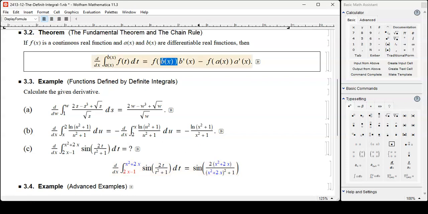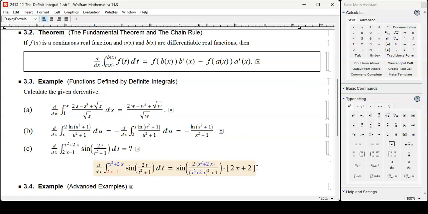So we are up to here. And then we have to multiply the derivative of the inside. What's the derivative of this x squared plus 2x? 2x plus 2. Again, let's highlight it in blue because it came from B. Did I complete the first term? Please check.